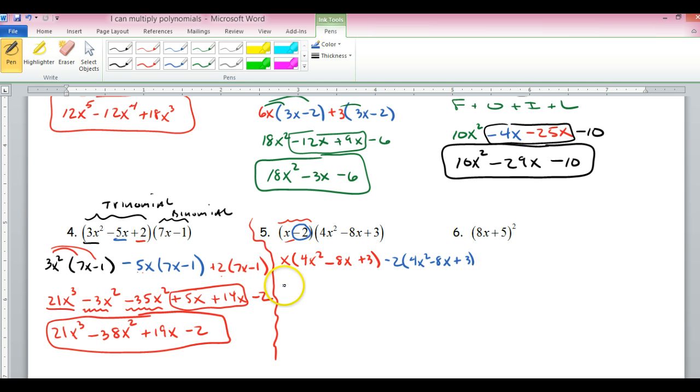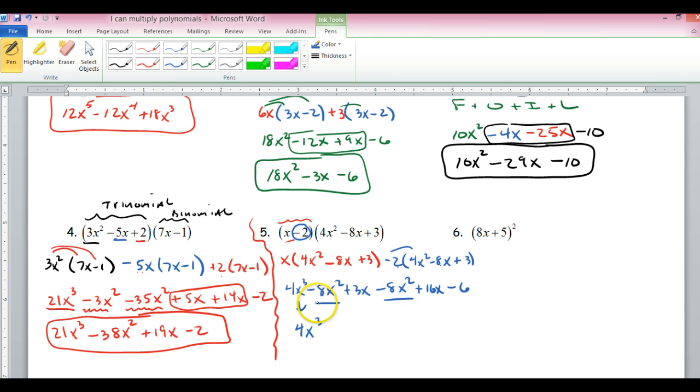Once I distribute here, you get 4x to the third minus 8x squared plus the 3x, and here negative 8x squared plus 16x minus 6. And when you go ahead and combine like terms, no x to the third, so we have 4x to the third.